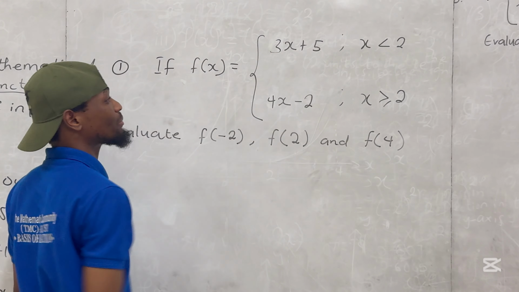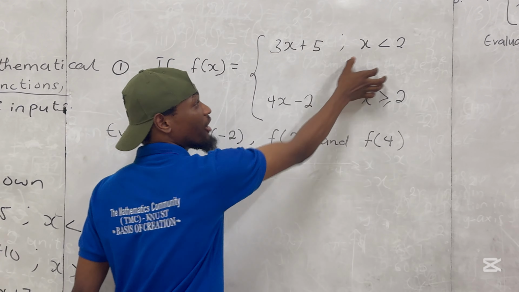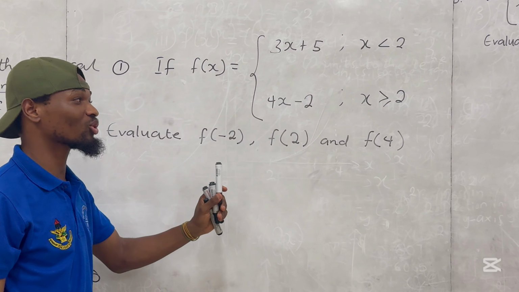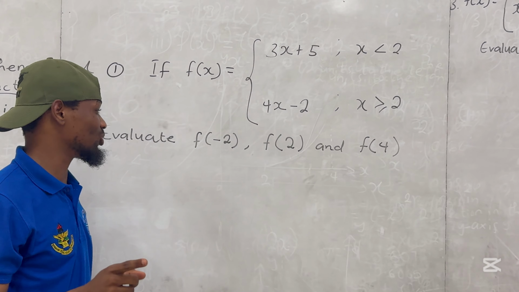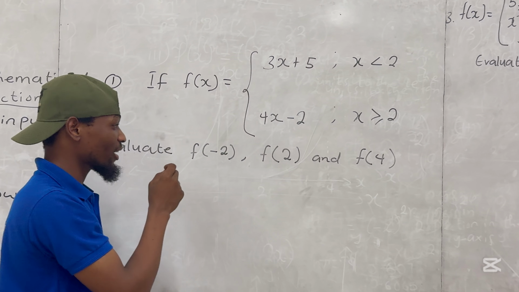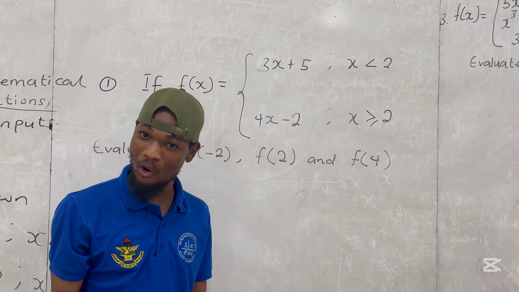So we have 3x plus 5, and this is the domain, the set of interval x is less than 2. The second one, 4x minus 2, where x is greater than or equal to 2. Evaluate f of negative 2 and f of 4 according to the question. So what are we supposed to do?